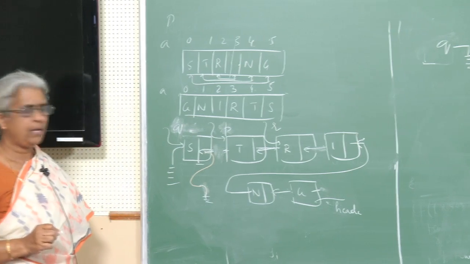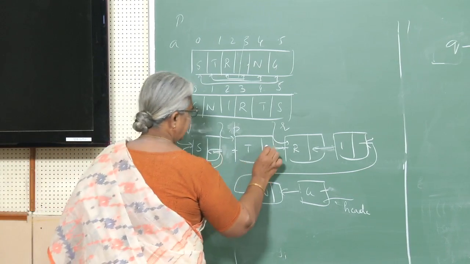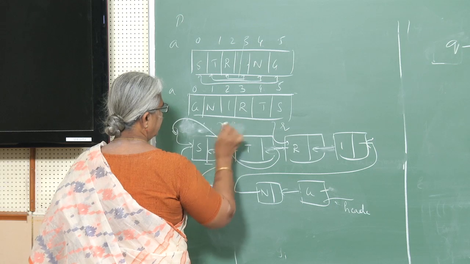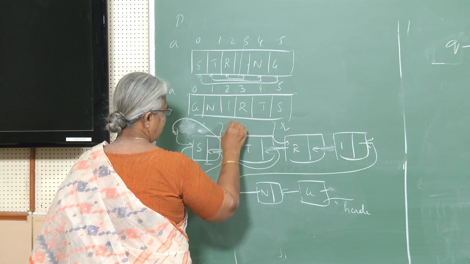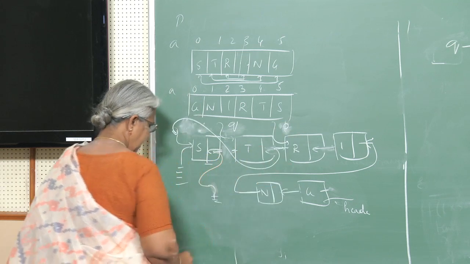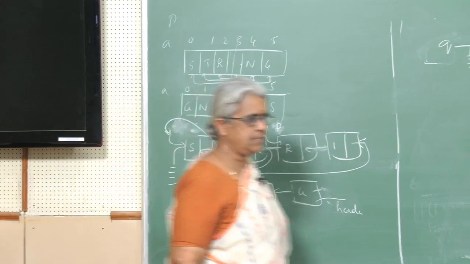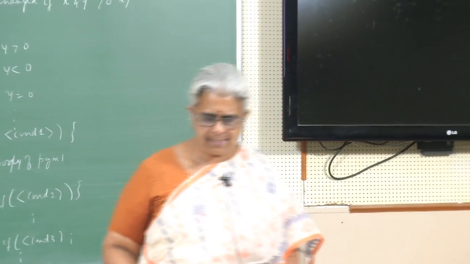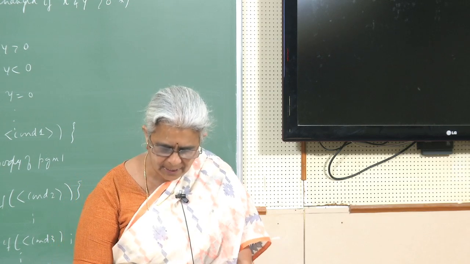Then I will put P pointer next as Q, then I will update Q to the position where P was, and then I will make this P again, and you keep doing this until you reach the end of the list. So, this is another implementation of the reverse string which is done in place.